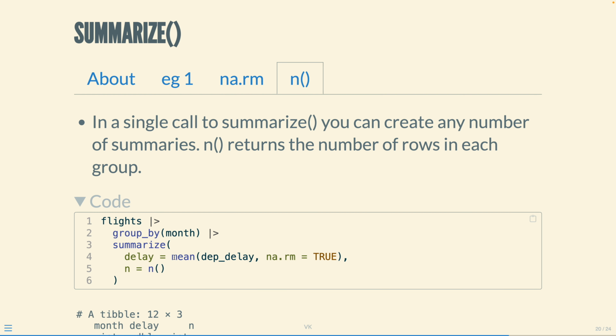It seems like here what we're doing is we're calculating the mean delay for each month, right? Because we are grouping by month, and then we are summarizing this. And then we are also reporting how many flights within that group had an average delay.